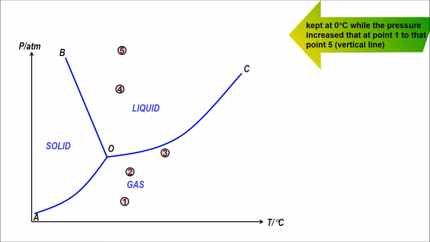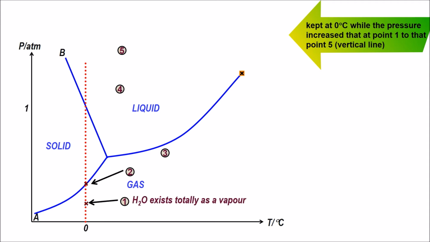Note that on the vertical line, the pressure will be increased, but the temperature is the same, which is 0 degrees Celsius as given. The same temperature means isothermal. We have to explain the phase changes from point 1 until point 5.